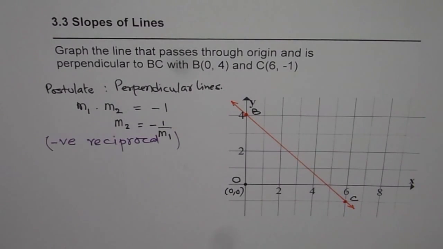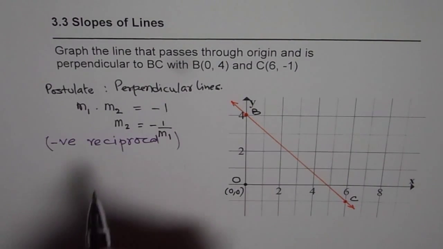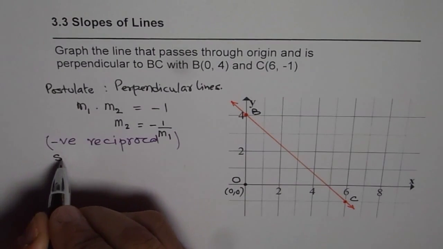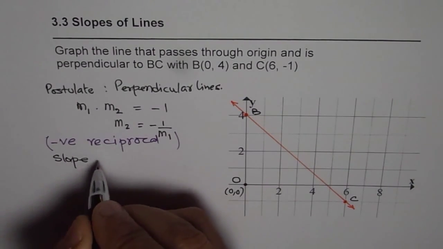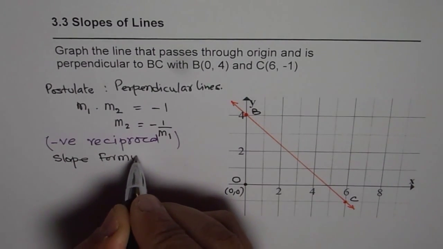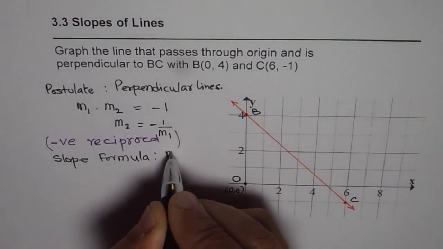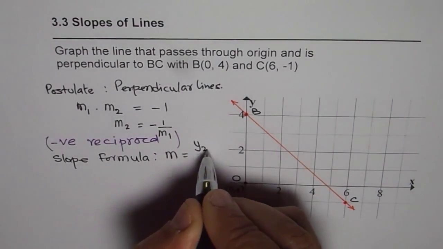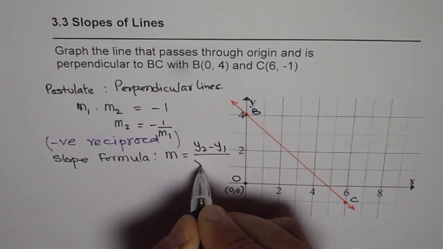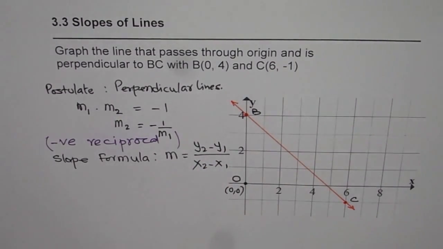So that is kind of the approach. Now the question is, how will you find the slope? To find slope, we are going to use the slope formula, right? Slope m equals y2 minus y1 over x2 minus x1.